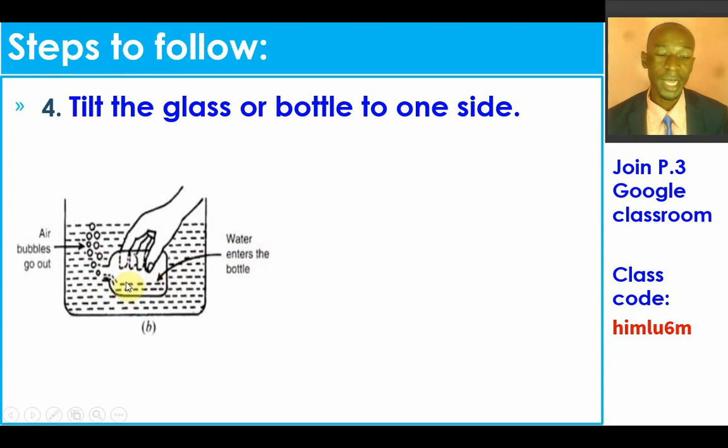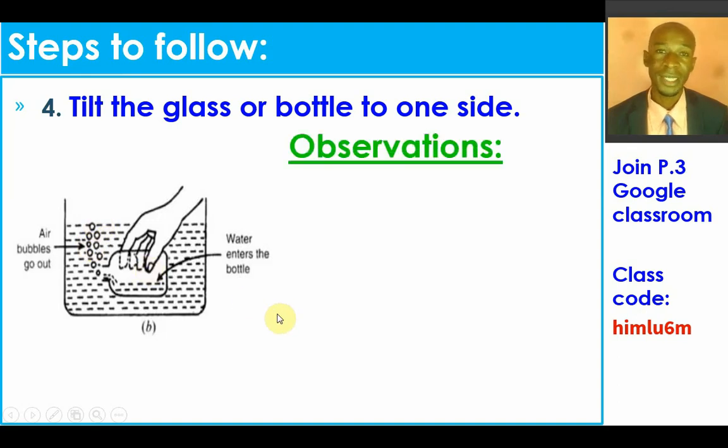Now as water enters here, it forces or pushes the air out. That is why here we can see air escaping in the form of air bubbles. So this is what we can write in our observation regarding this experiment.